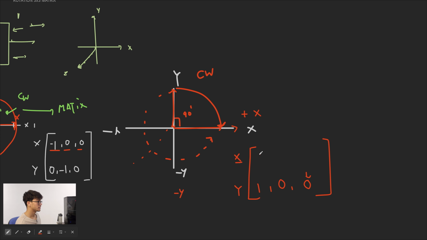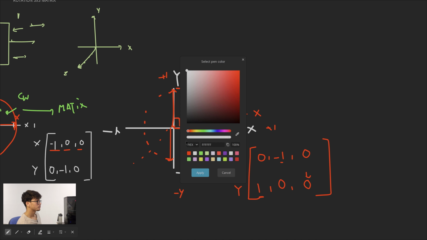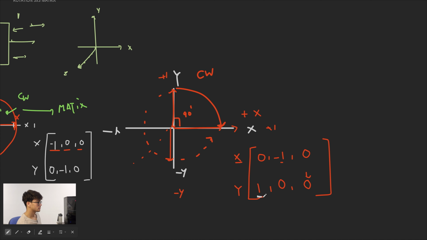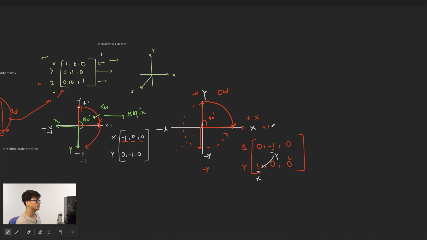So now x is facing 0 in x and minus 1 in y, which is this, and 0 in z. You see how the data changed from positive 1 to now positive x, which is this, and y here, this is x and this is y. So now how y changed from here to here and x from here to here.